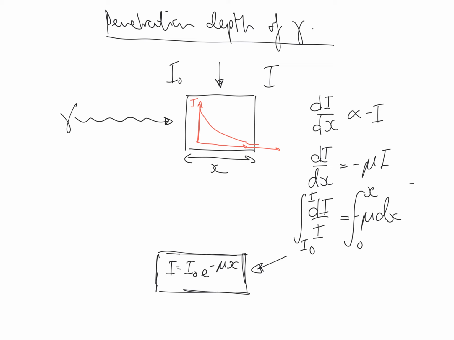Last but not least, we can infer from this value here, which is the absorption coefficient, which should be measured in per meter, an idea of the distance required to get half of the intensity, which of course is going to be ln2 divided by the absorption coefficient. So, how far do we have to go in order for the intensity to drop by a half? This is just like the half-life equation.